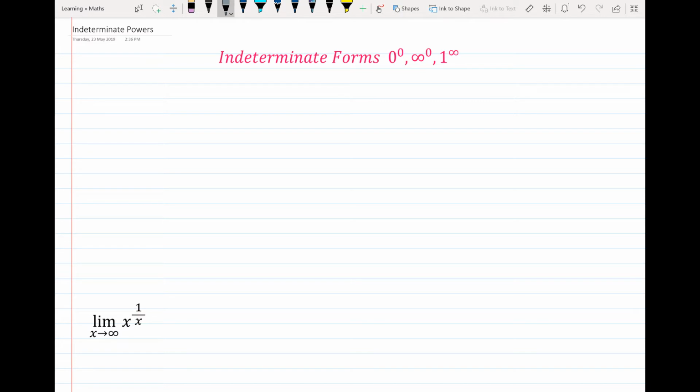If we first look at the general process of finding these types of limits, solving examples becomes much easier and makes more sense. The general form of limits that lead to these indeterminate forms is the limit of f of x to the power of g of x as x approaches a, where a can be any number or infinity.